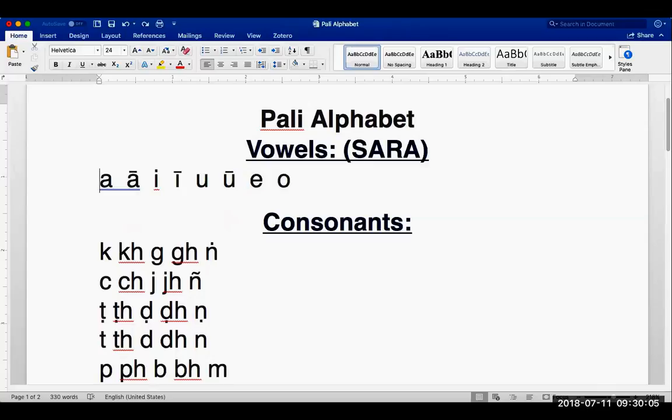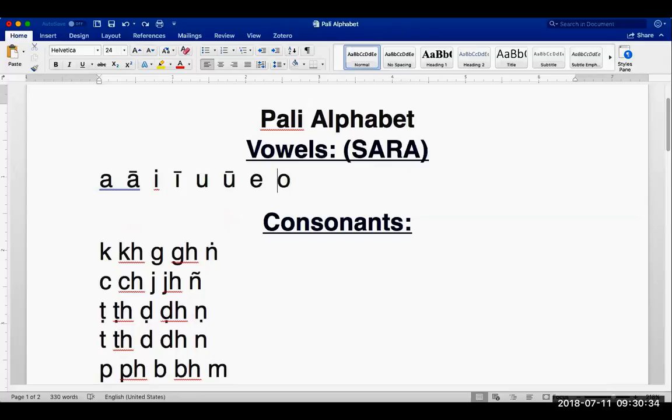We actually call e and o also long vowels in some sense, except in certain situations where we use them as short vowels, but we don't use any diacritical mark on e and o, even though they are mostly used as long vowels.